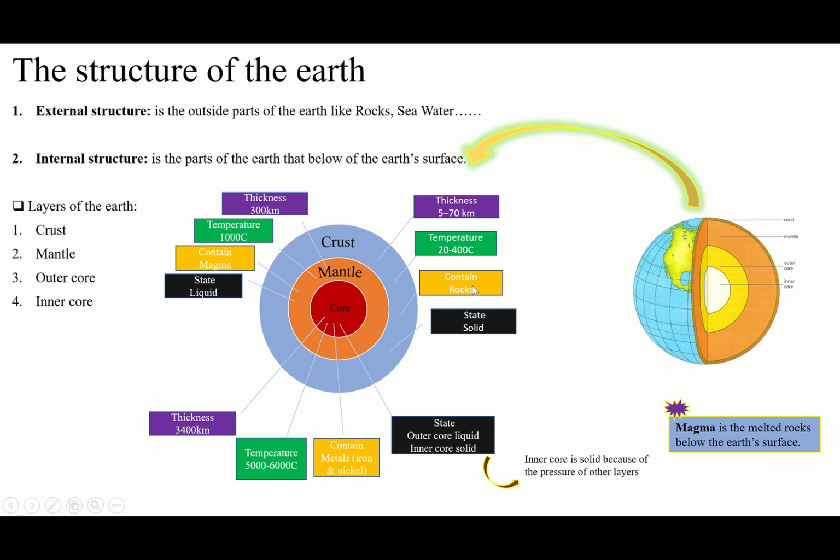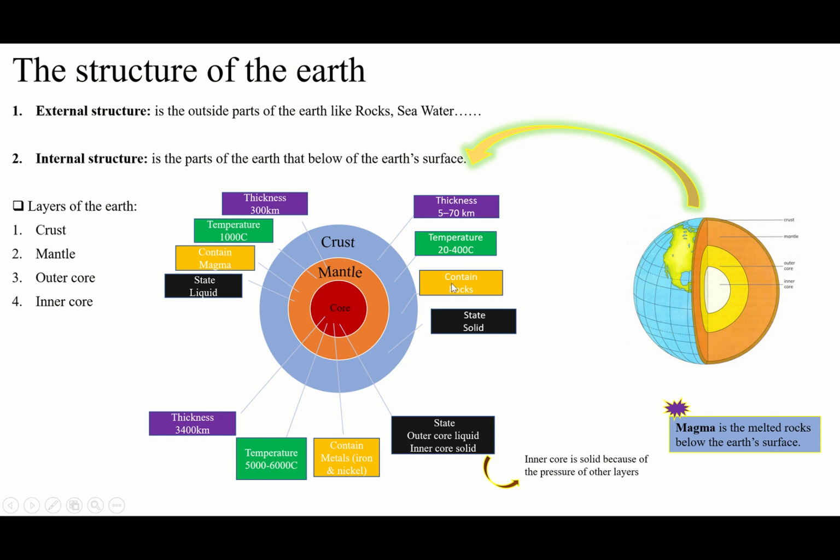And what do they contain? The Earth's crust contains rocks and many things, but we will just take an example. The crust contains rocks. Of course, we have rocks outside, on the surface. And the mantle contains magma. We will study what magma is. And the core contains iron and nickel and other materials, some other metals, so we have different minerals there.